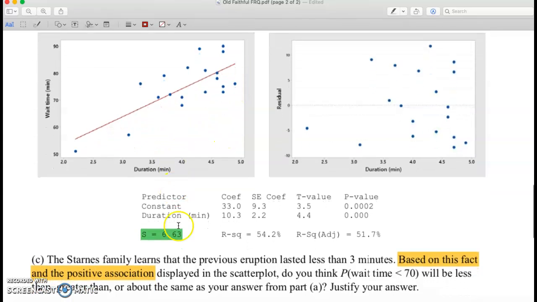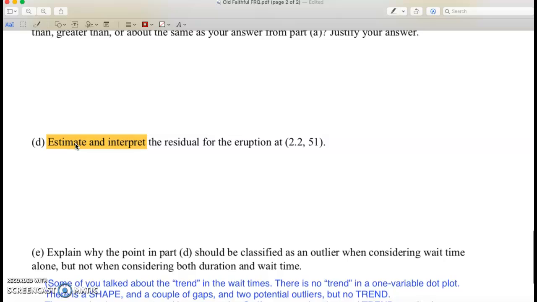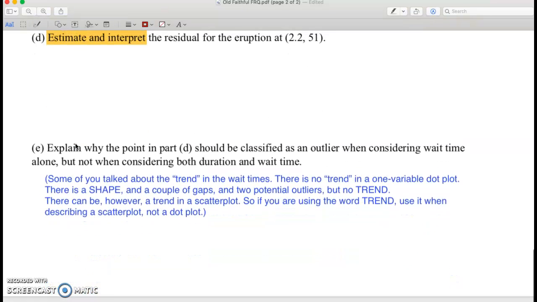In fact, this green number right here, this is the standard deviation of all the residuals. In other words, this is the average distance from the line. Well, 5 isn't even 1 standard deviation from the line. And so you could even argue from that standpoint that that residual was less than 1 standard deviation away from the least squares line, and that's not considered very far. It's not really an outlier.